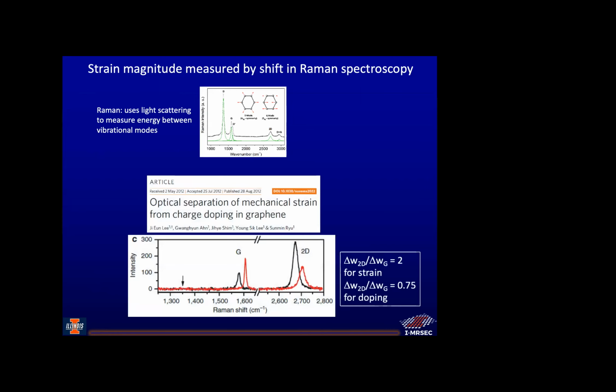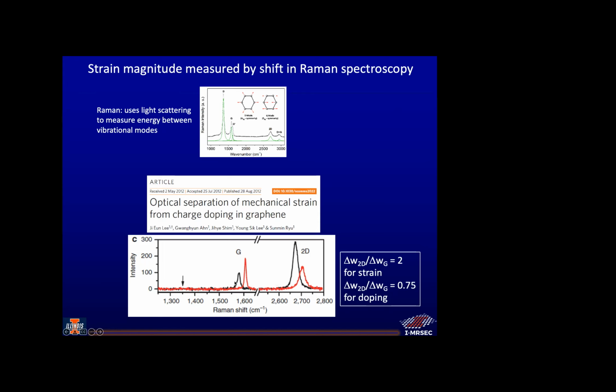A nice paper that came out some years ago showed that you could differentiate between strain effects in graphene and doping effects in graphene by looking at the ratio of the shift of the 2D peak to the G peak. The 2D peak is related to the disorder, and the G peak is one of the vibrational modes. You can shift these Raman peaks by strain or by doping.